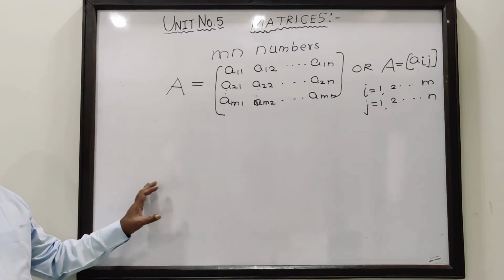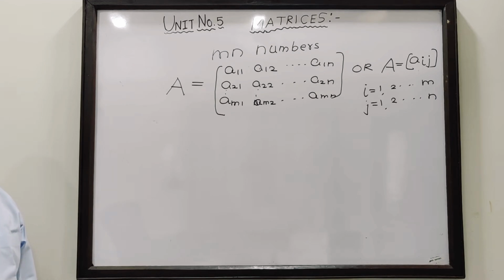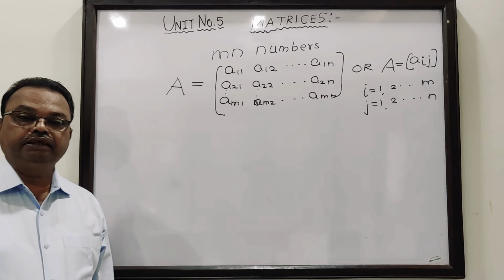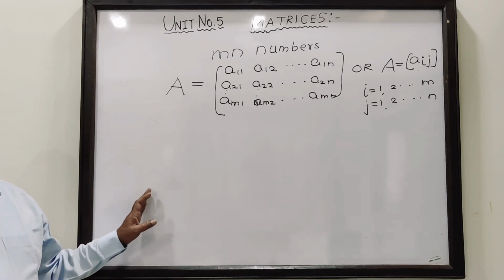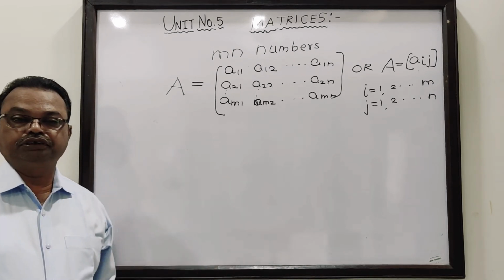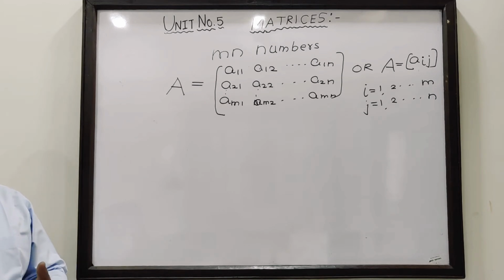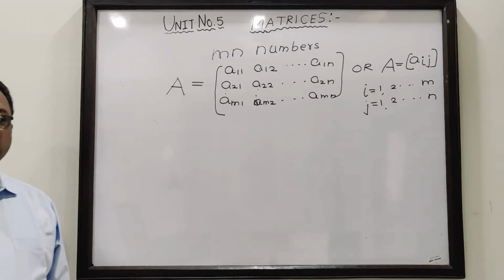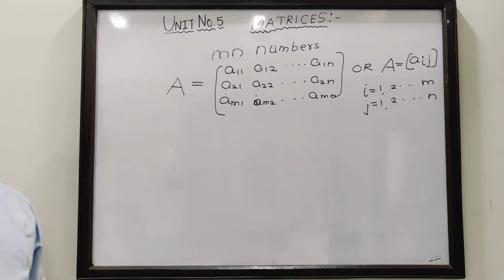Now, in our course, we are going to study the system of linear equations in which there are m equations in n unknowns. m may be equal to n, or m may be less than n, or m may be greater than n. So these 3 types of systems of equations we have to learn in our course now.